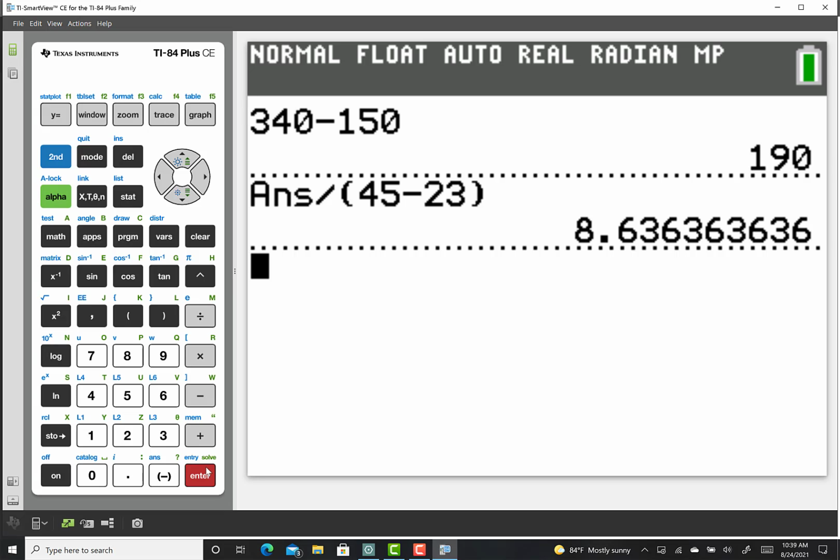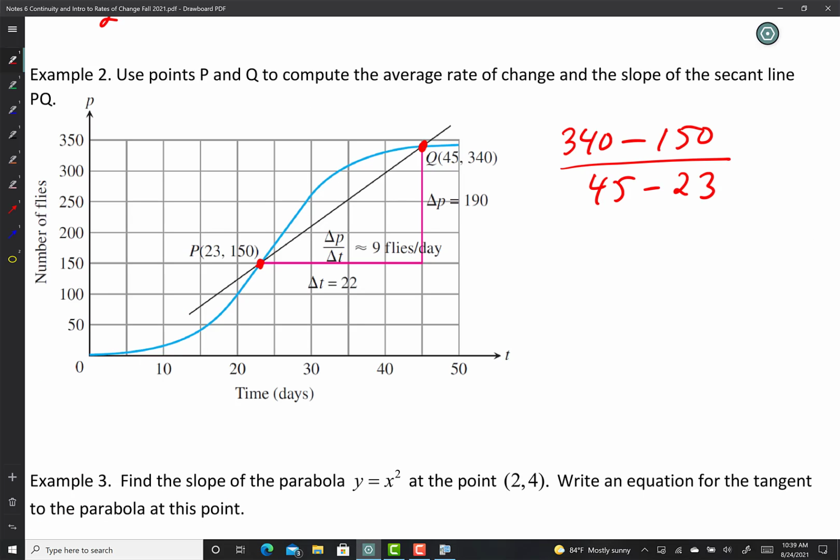8.636363636363, probably goes on forever. Dot dot dot means it keeps going forever. Actually, the line on top means it keeps the pattern.